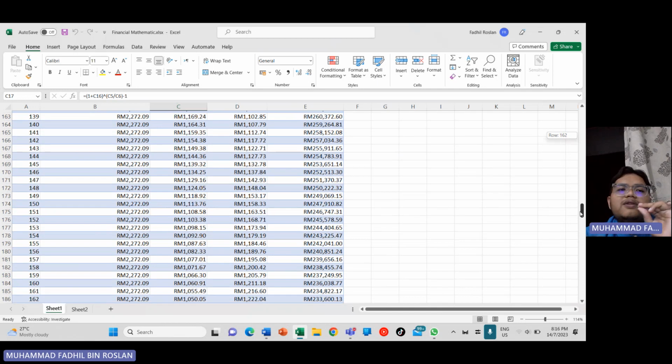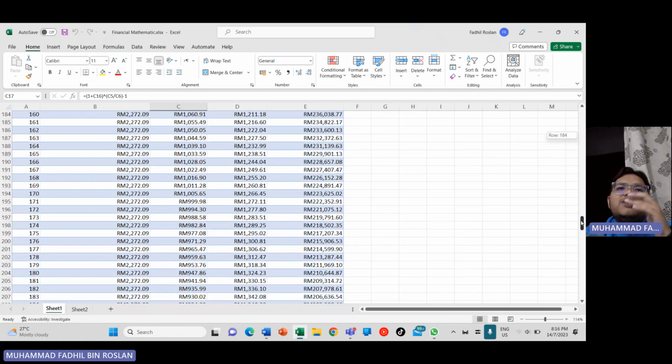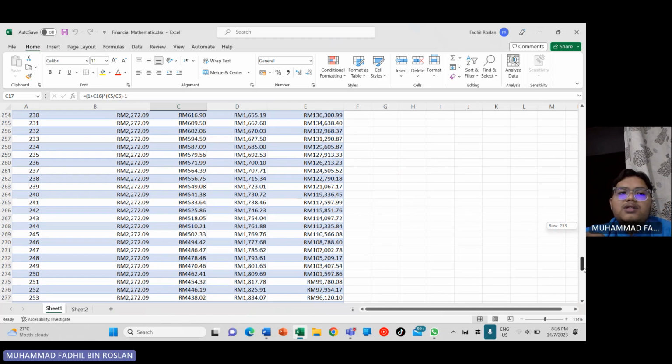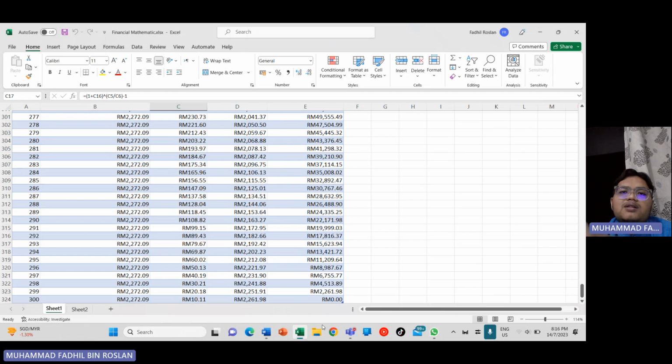Starting from month 146, the principal paid is higher than the interest. At the end, the outstanding loan balance is 0 ringgit. So that's question 1.